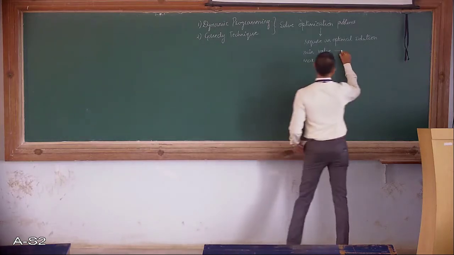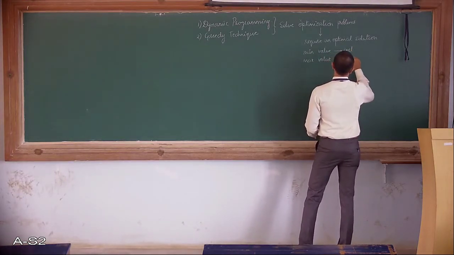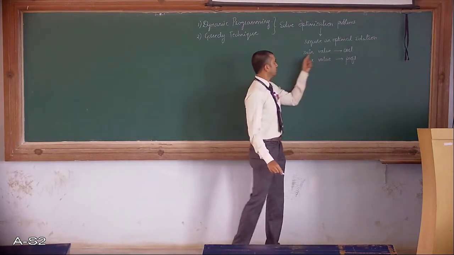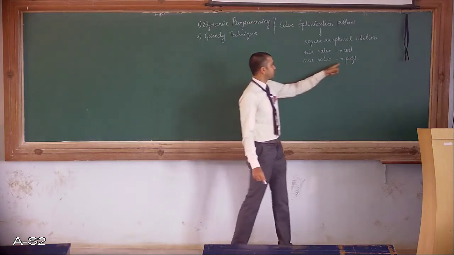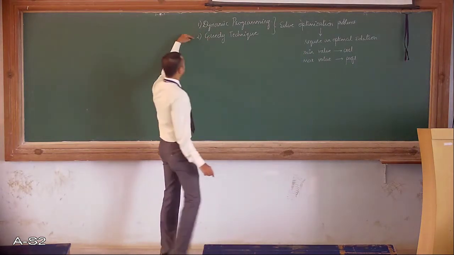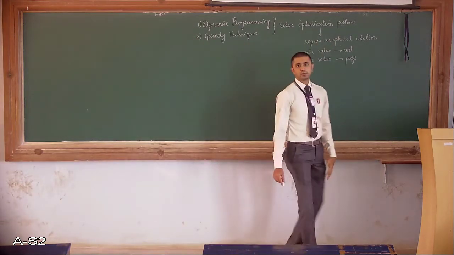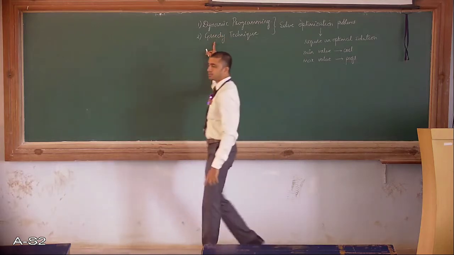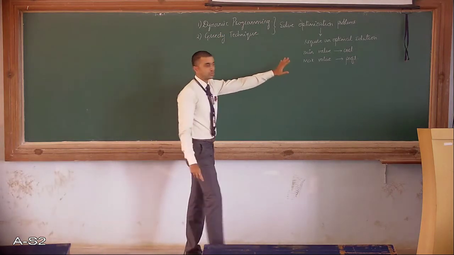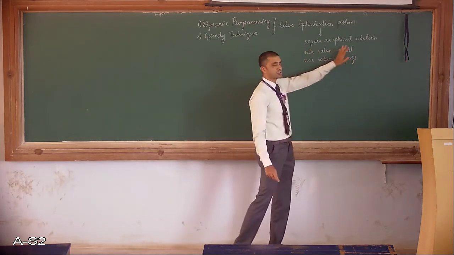If cost is involved, the cost has to be minimum. If profit is involved, profit has to be maximum. So both these algorithmic techniques are used to solve optimization problems. The approach of solving those problems is different, but the goal is the same. The goal is to provide an optimal solution to the given problem.